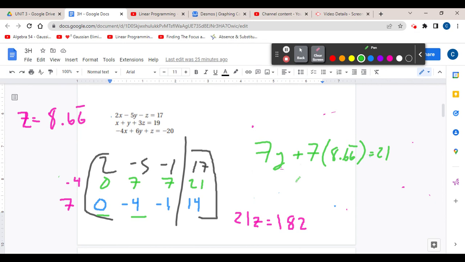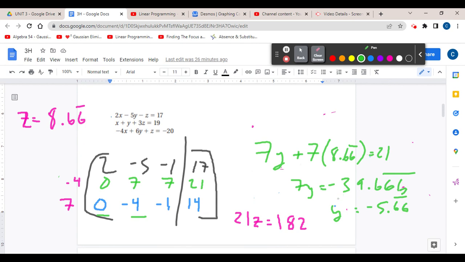All right, so then we solve this out. 7y equals 21 minus 7 times 8.66 repeating. So 7y is going to be negative 39.666 repeating, which makes y equal to negative 5.66 repeating. Now we have y and z, then we can go solve for x. Okay?